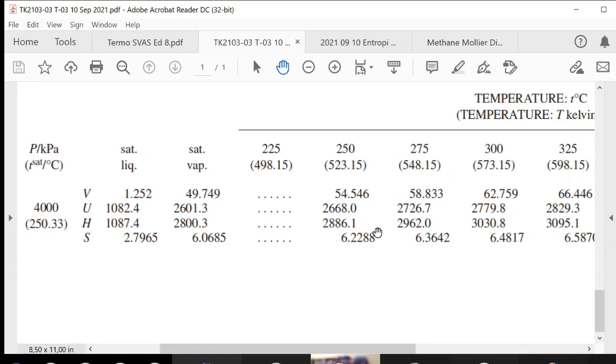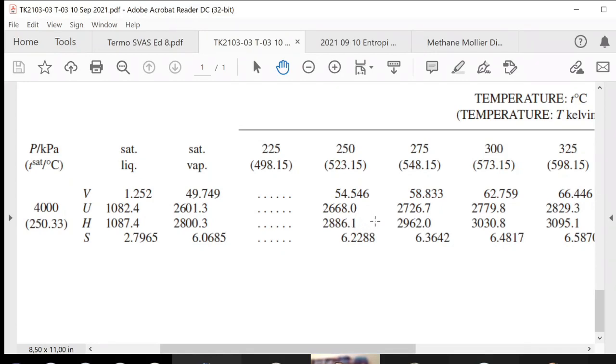The value is over here, in between, at 260 Celsius. The pressure is 4,000 kilopascal. What is the enthalpy here? Well, it is in between 2800 and 2900. Maybe it is 2950.